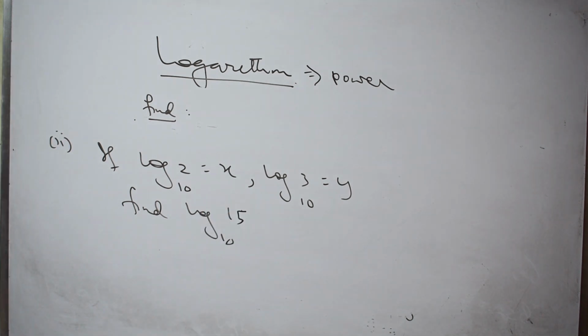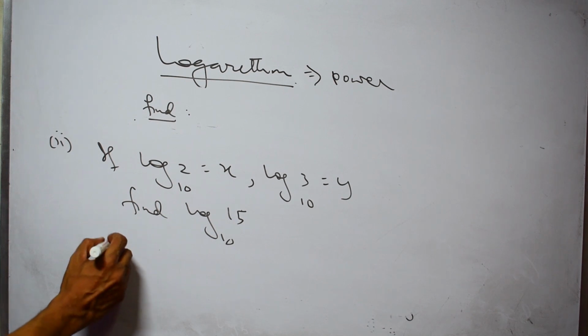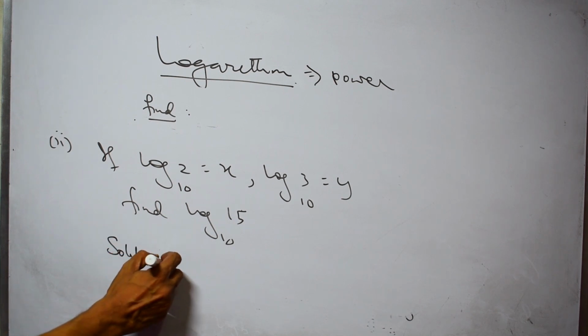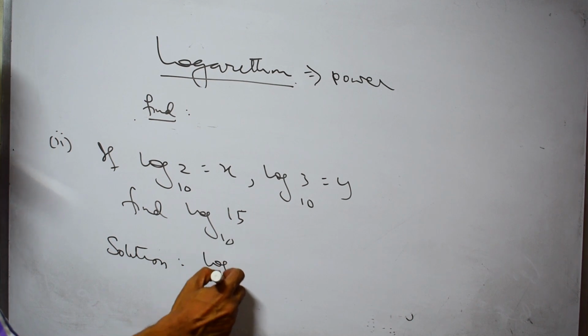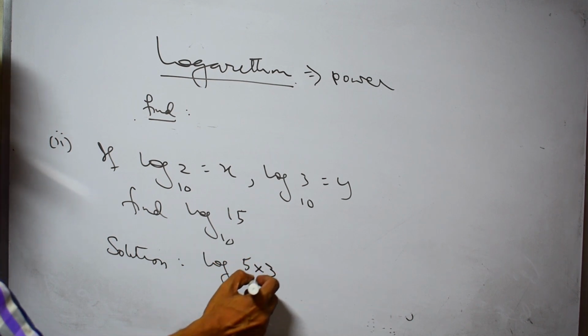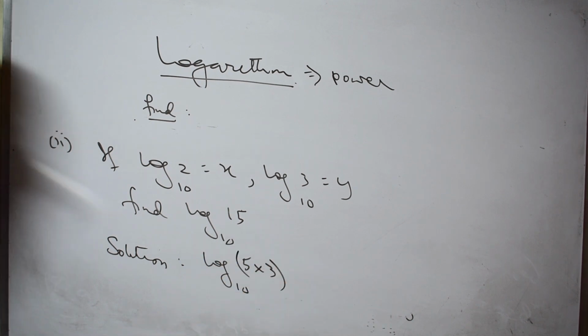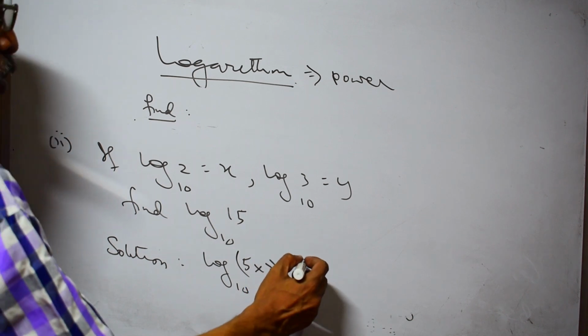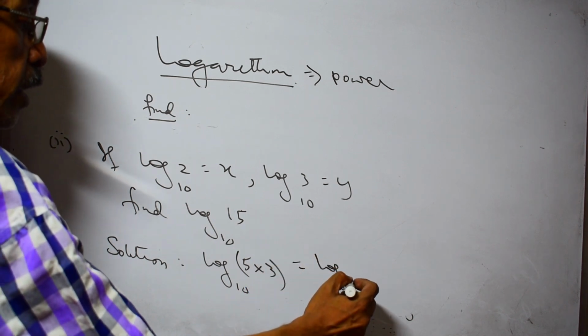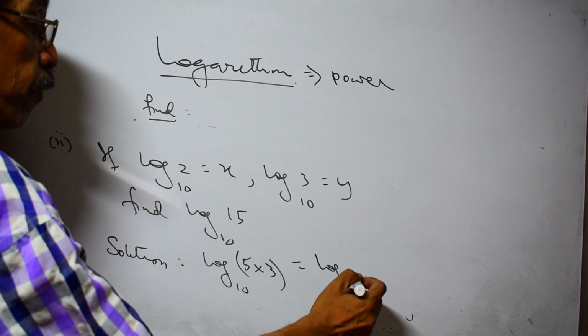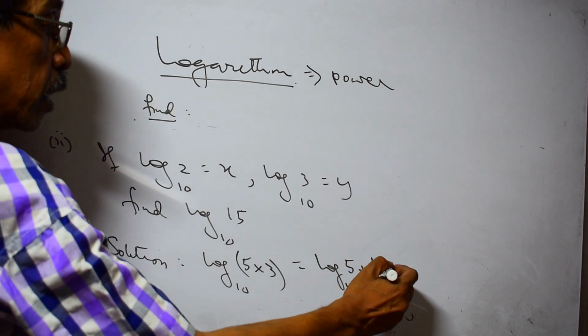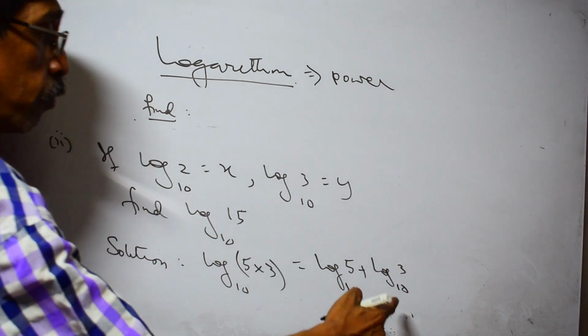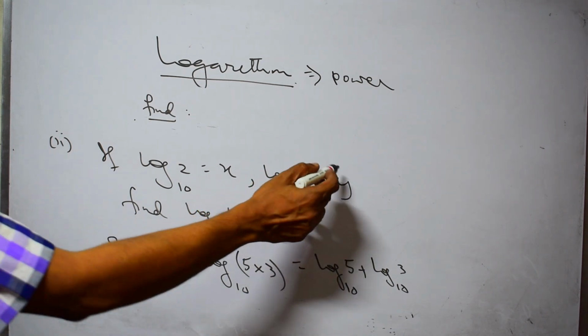How to solve? Here 15 is 5 into 3. So the solution will be log 5 into 3 base 10, which can be written as log 5 plus log 3. Now we don't have any problem with log 3, we know the value to be y.